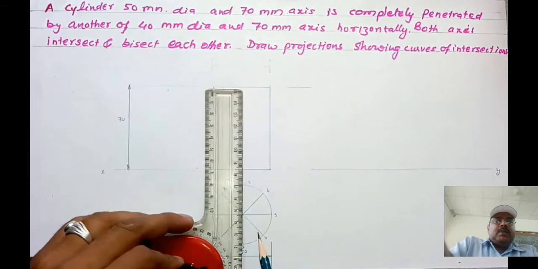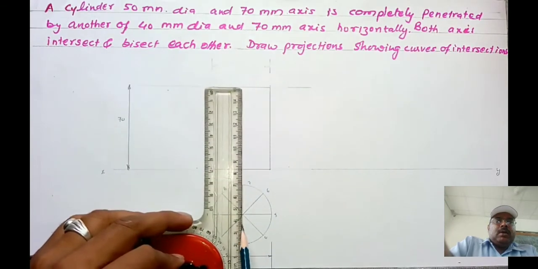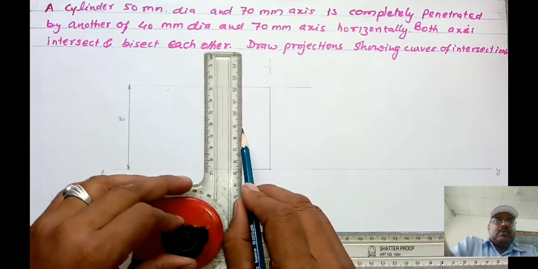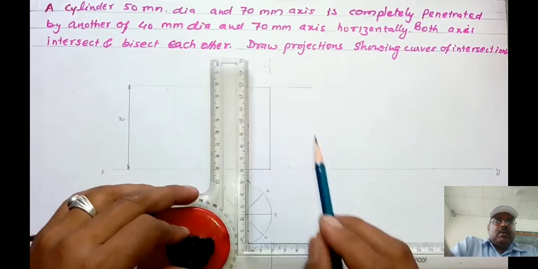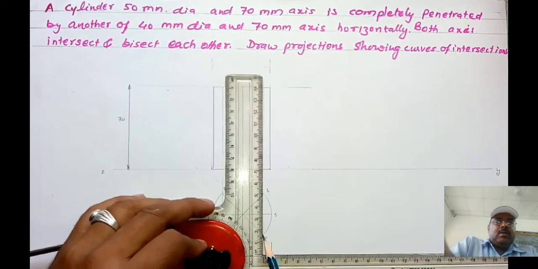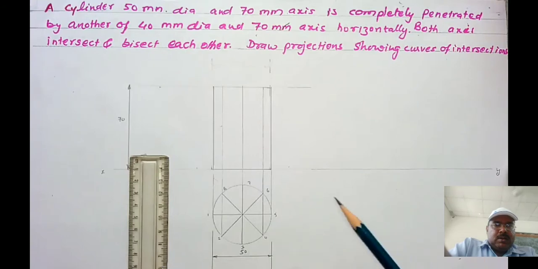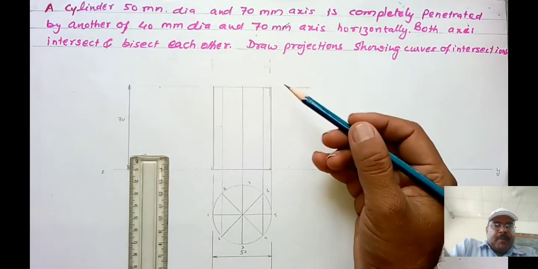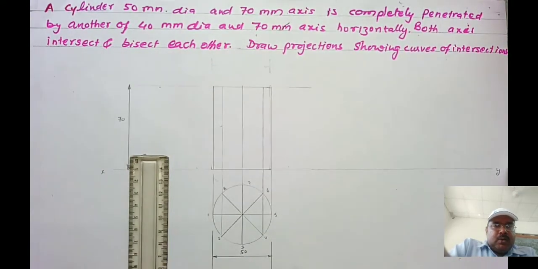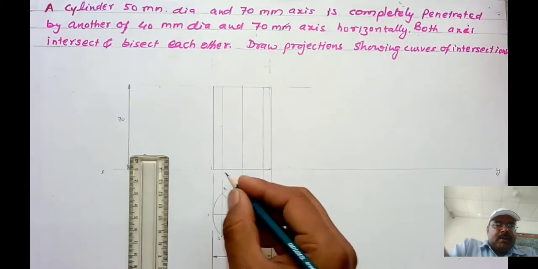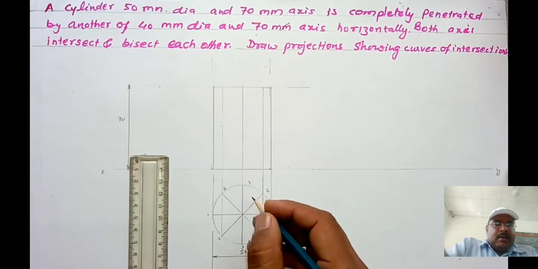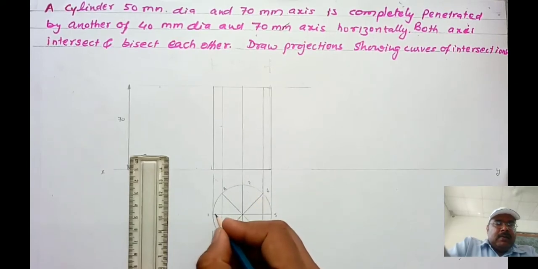Then project the points as shown in the figure. These are the generators which are passing through point 1, then 2 and 8, then 3 and 7, then 4 and 6, and then 5.